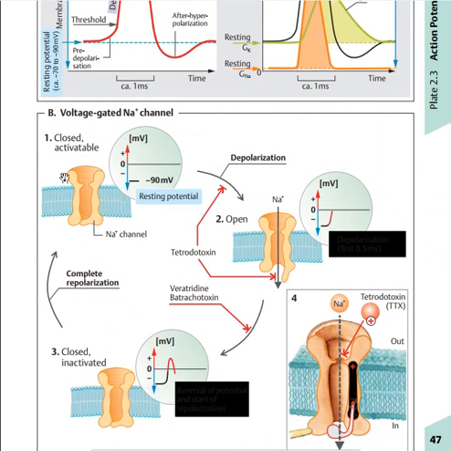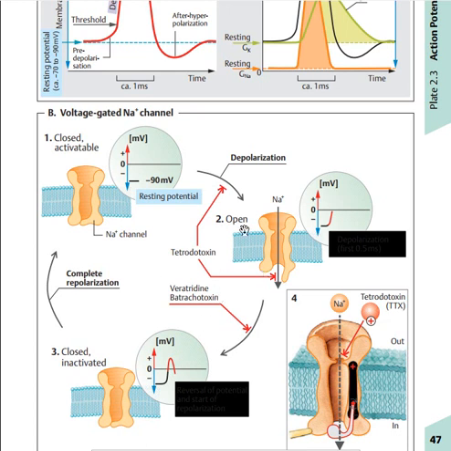So now let's visualize the voltage gated sodium ion channel. This is the closed phase of the voltage gated sodium ion channel. When you have a stimulus, it's going to open itself, and now you have different toxins that are going to prevent the opening of the sodium ion channel, which are called tetrodotoxin and veratridine.